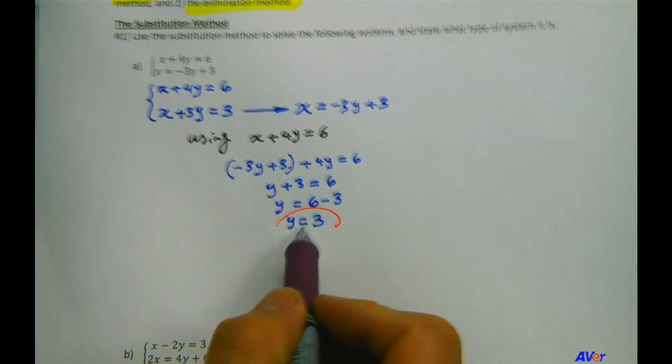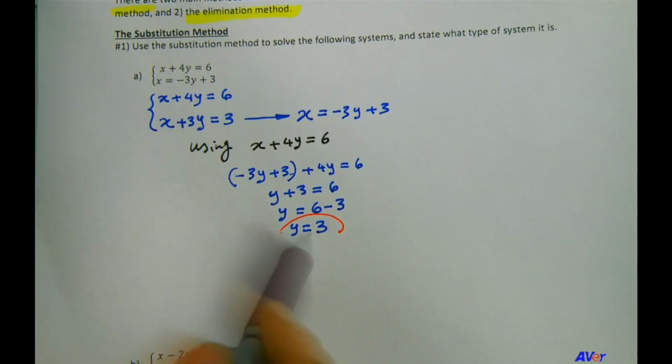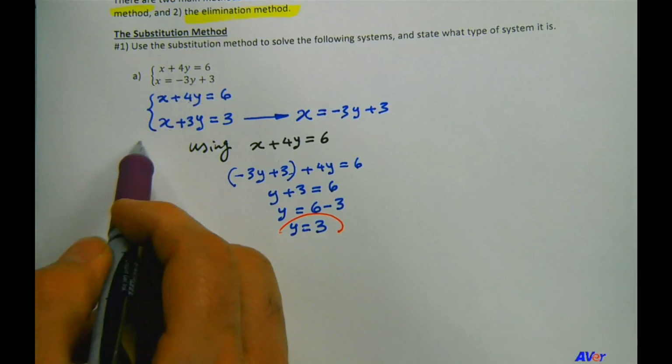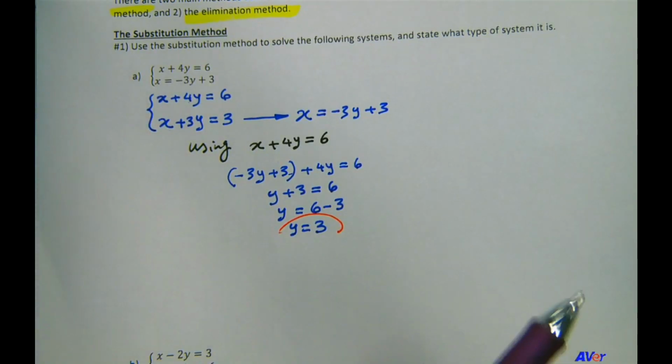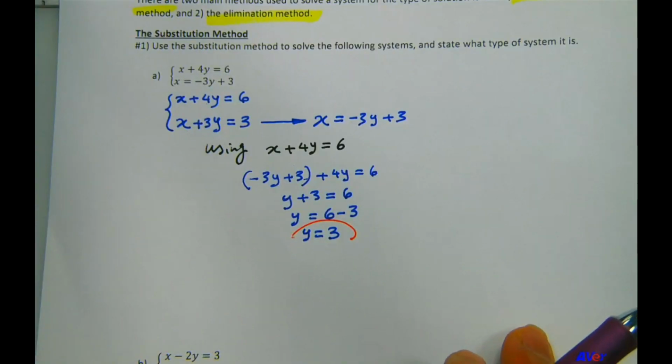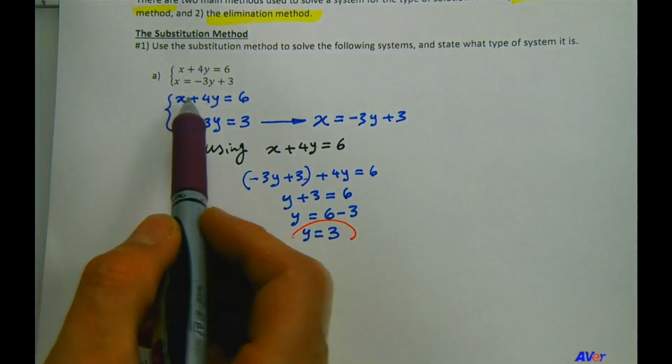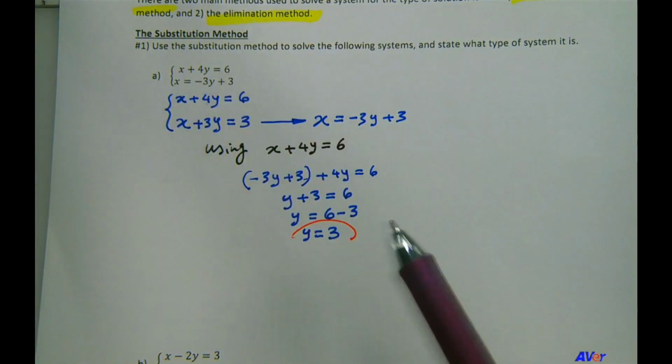Now we can replace y with 3 in any of the original equations and solve for x. Okay? Let's do that with the bottom equation. We can still use that.